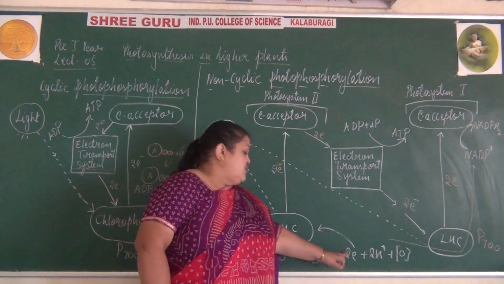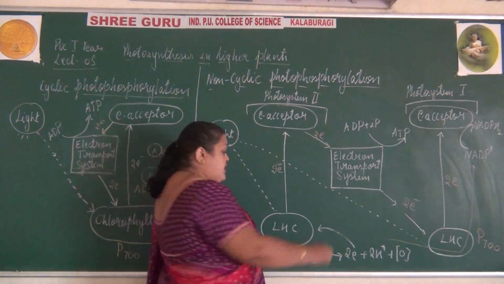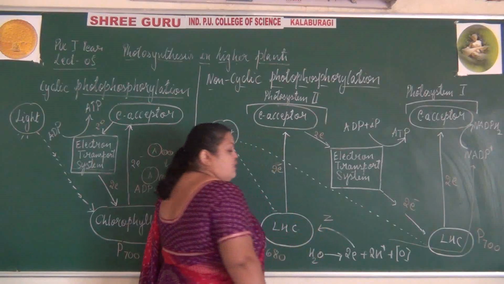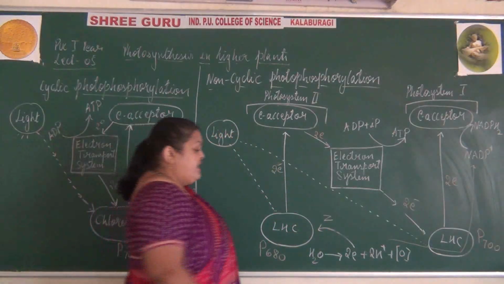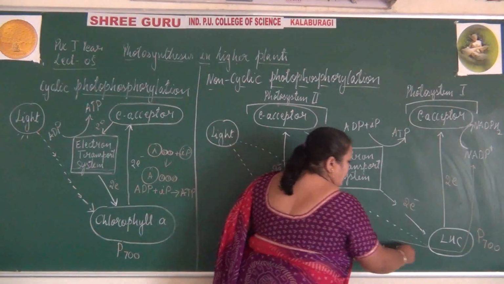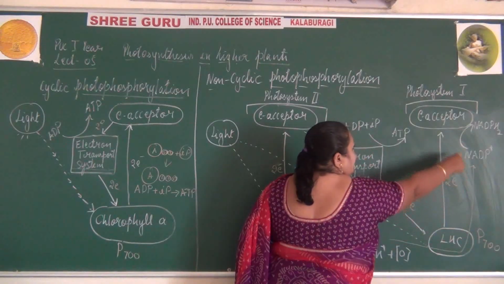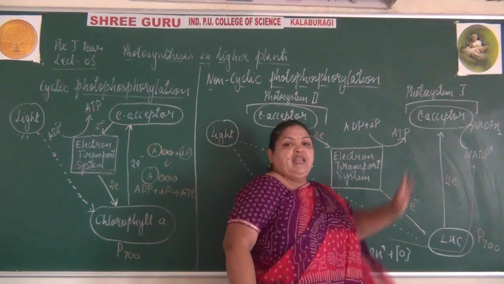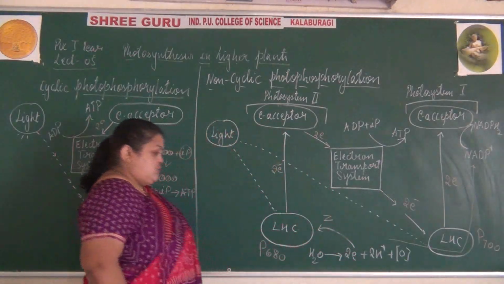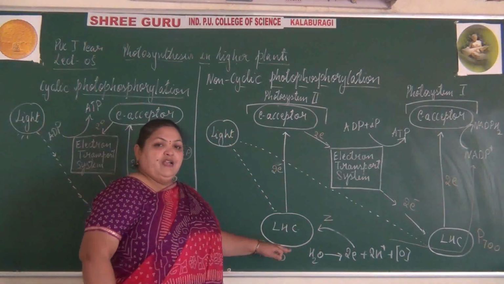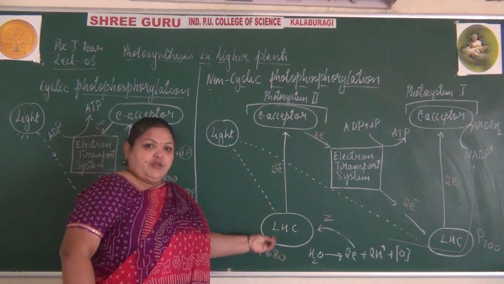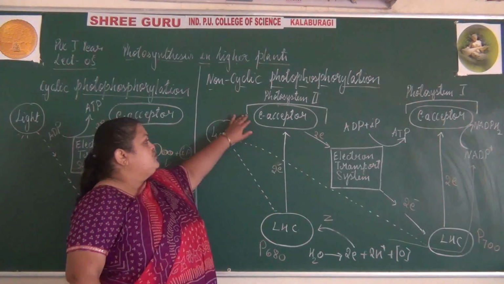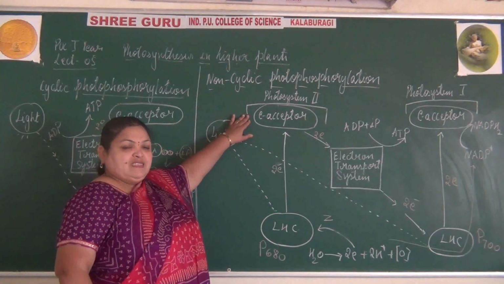As photolysis of water occurs, splitting of water molecules occurs, and there is release of electrons, protons and oxygen. These electrons are accepted by an unknown compound called Z, while the protons are used by the enzyme for the synthesis of NADPH2. As the light falls, they get photoexcited and emit the electrons to the primary electron acceptor.